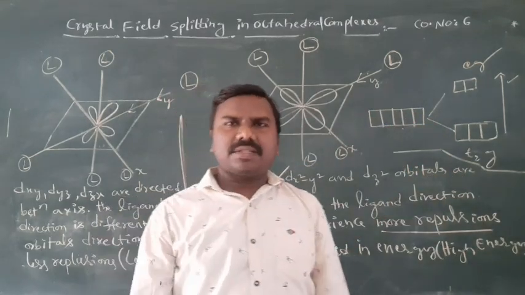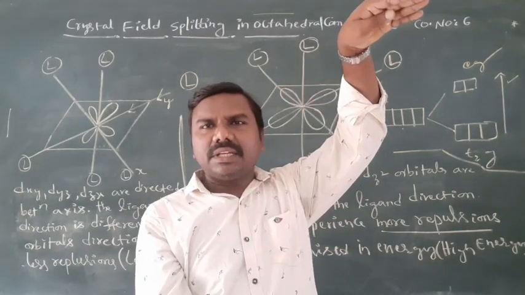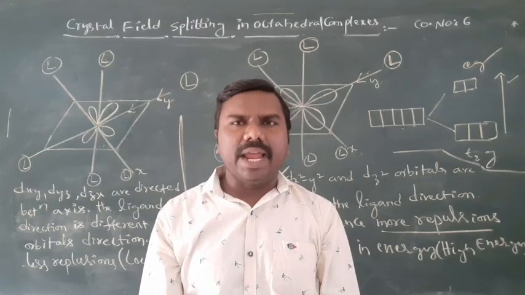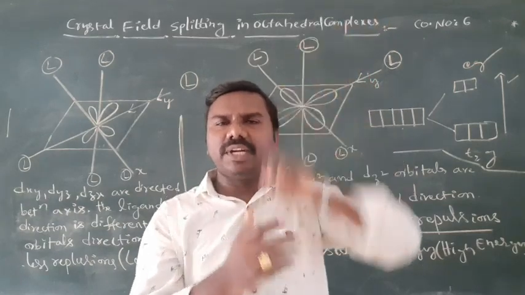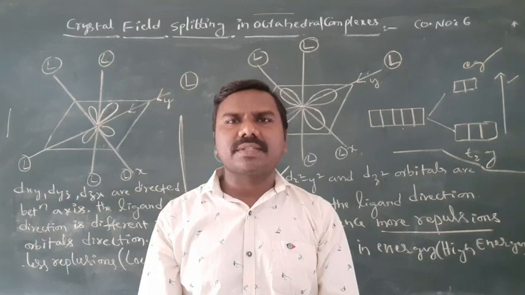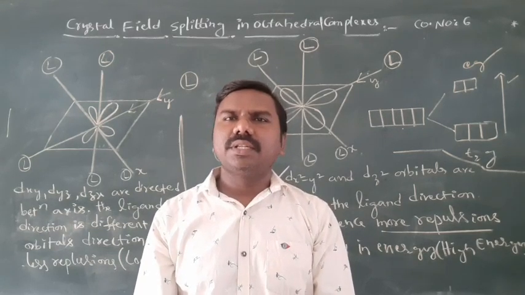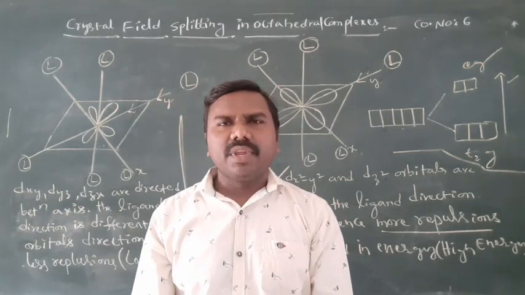Some ligands cause higher splitting of the crystal field based on electron density and the nature of the ligands. Some ligands cause less splitting of the crystal field based on the number of donor atoms and nature of atoms in the ligand.